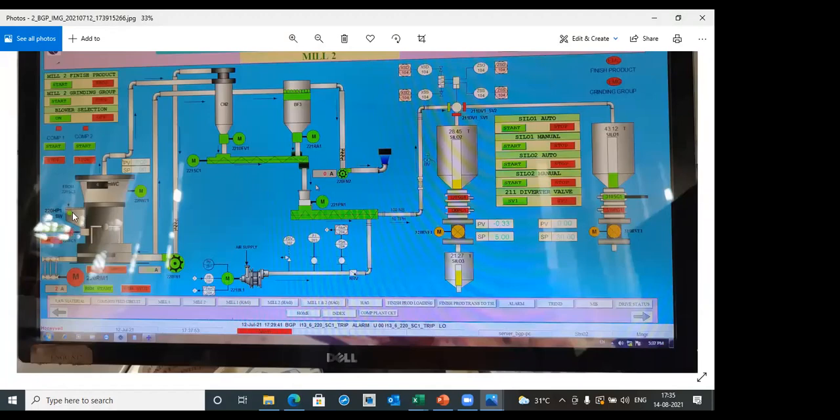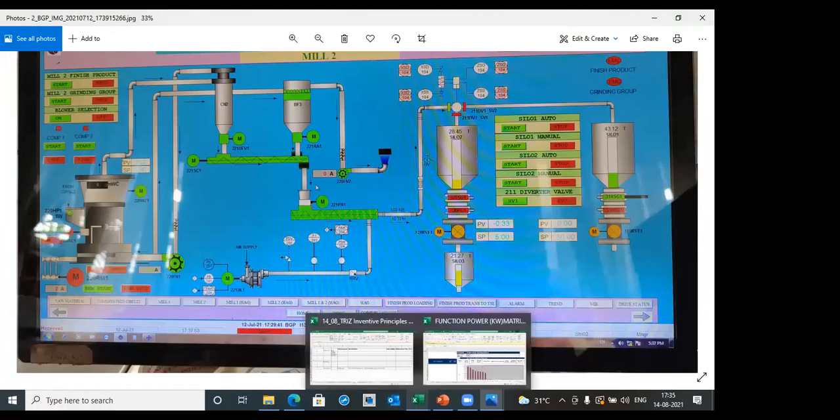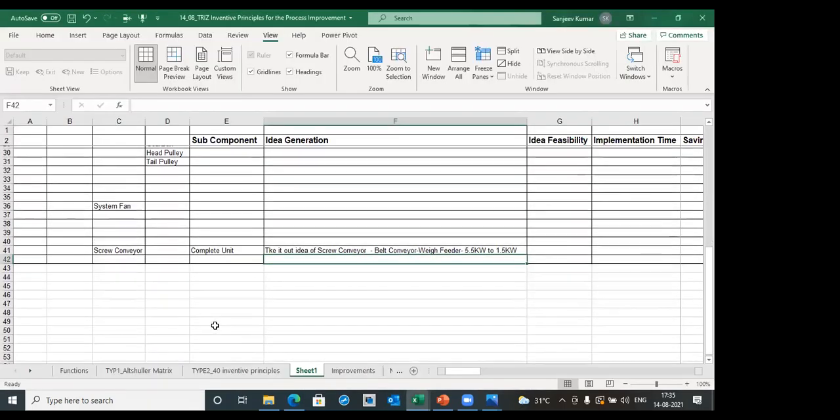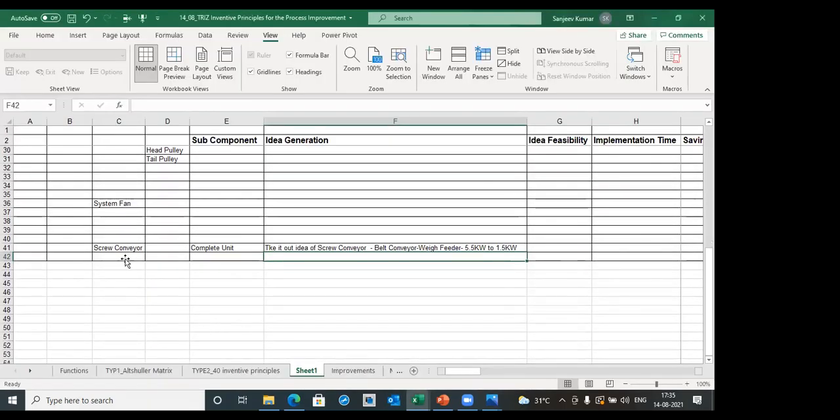So the mill operation will be smooth, the mill working environment will be good, the mill will not have much wear and tear, and the material feeding up to the mill will have a substantial reduction of power consumption of the equipment, sir.